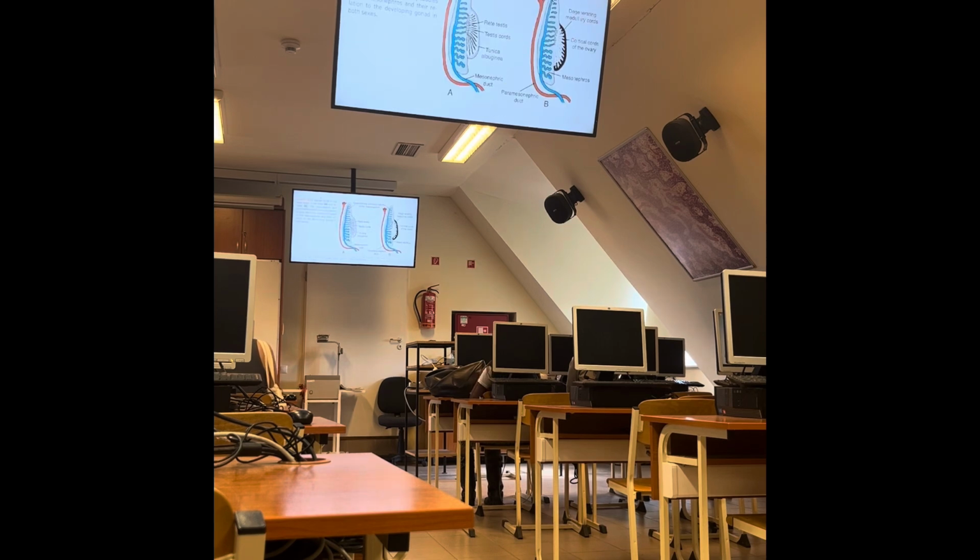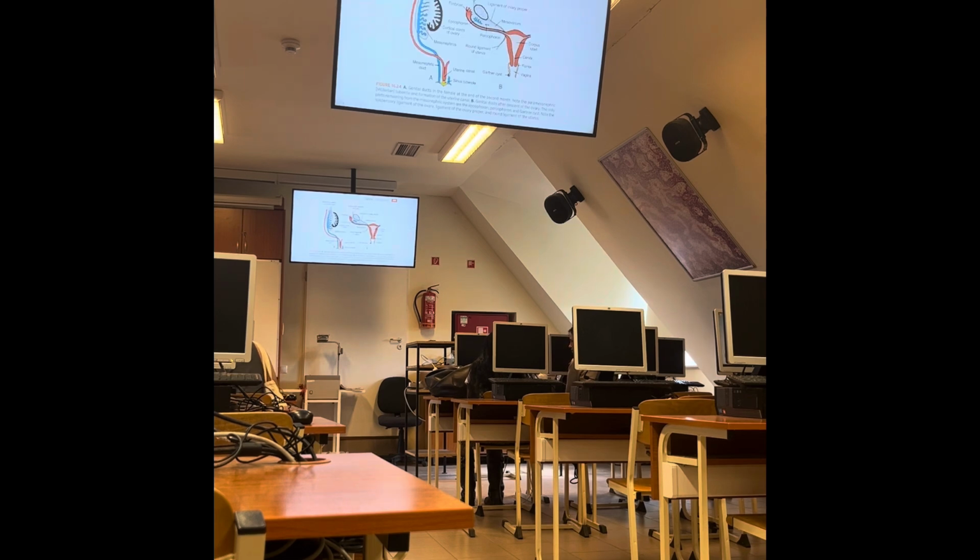And this shows the further development of these ducts. In A is the male and B is the female situation, but these are not previously discussed. This figure shows the formation of the further derivatives of the paramesonephric duct.